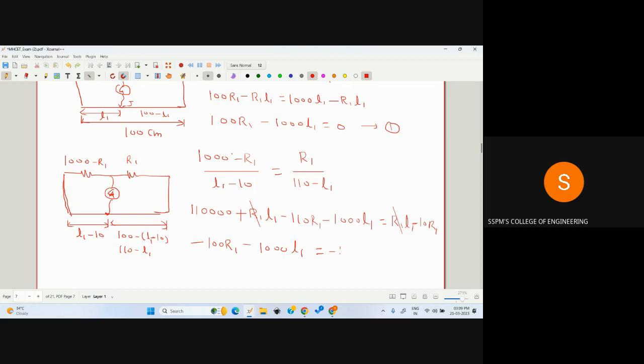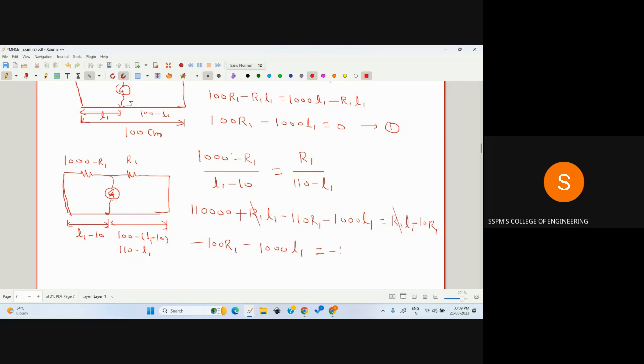Then change the sign. The second equation is 100 R1 plus 1000 L1 is equal to 110,000. Now you can solve these two equations.